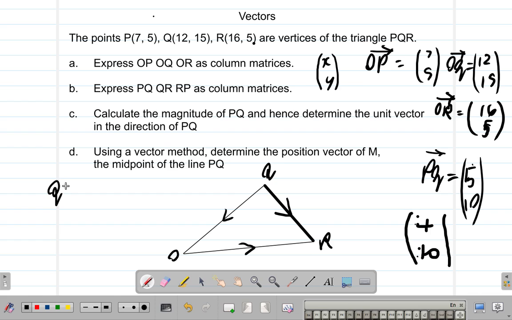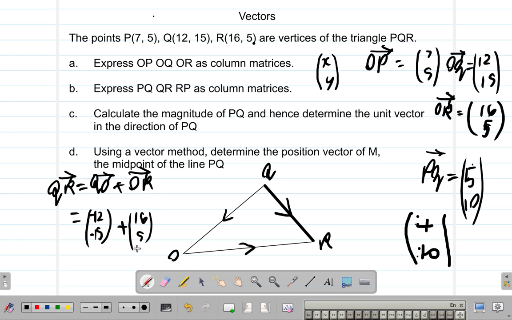QR is equal to QO plus OR. So what I'm saying here, going from Q to R like this, you end up the same place as going from Q to O, then O to R. So here, QR would be the inverse of OQ. OQ was 12, 15, so QR would be negative 12, negative 15, plus OR. OR is 16, 5.